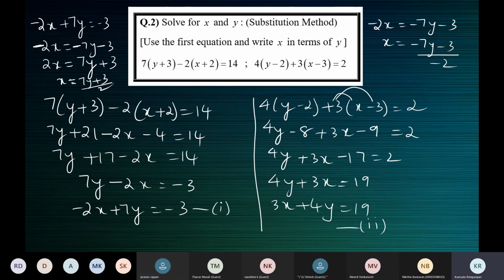Now this minus sign you should take up to the numerator. So x is equal to minus 7y minus 3 in a bracket divided by 2, and it will become plus 7y plus 3 by 2. That's what we got here also.